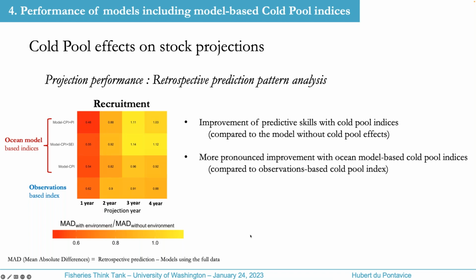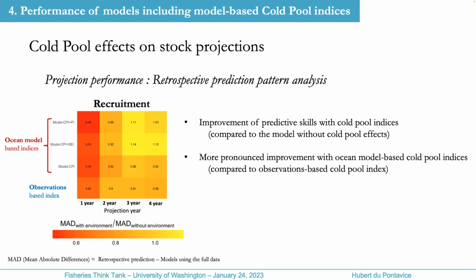You can see on the first column that the ratio of mean absolute differences is well below 1. So that means that the incorporation of cold pool indices substantially improved the recruitment retrospective prediction after 1 year compared to the model without cold pool effect.